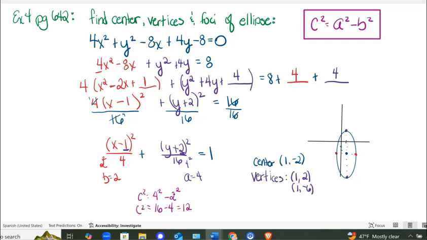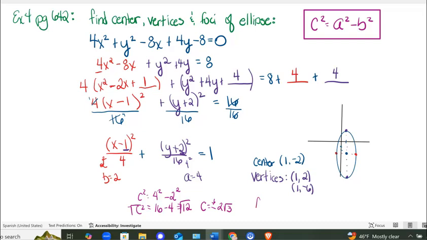But I don't want to know what c squared is. I want to know what c is, so I have to take the square root of this. If I take the square root of 12, I get c is equal to positive and negative 2 square root of 3.